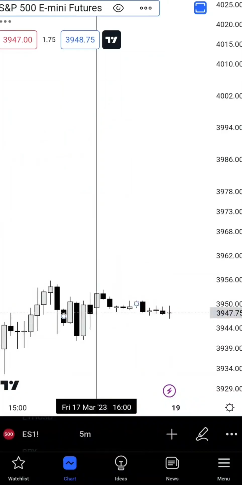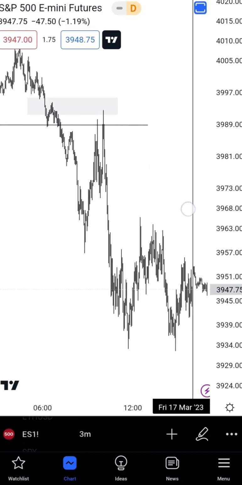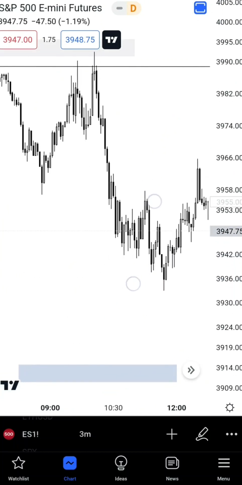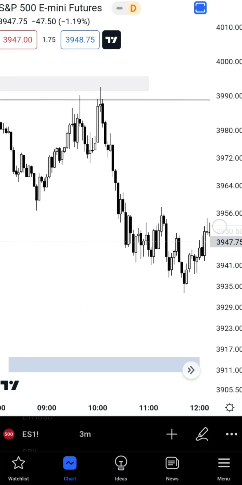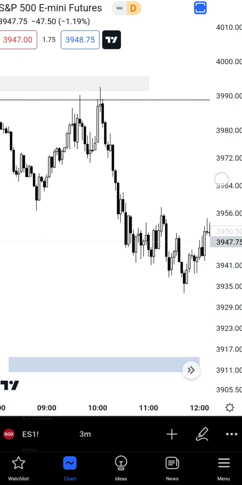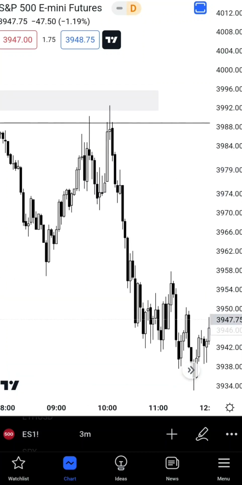So, as we can see, we go to the 3-minute time frame. All right. The time is New York kill zone. And we have right here the breaker, which is the black line. And we have the gap, which is the gray line.